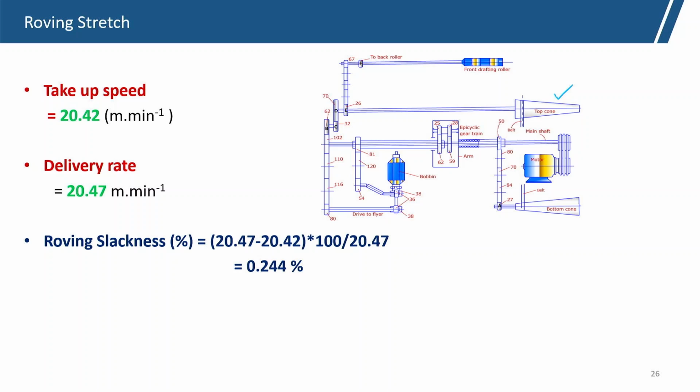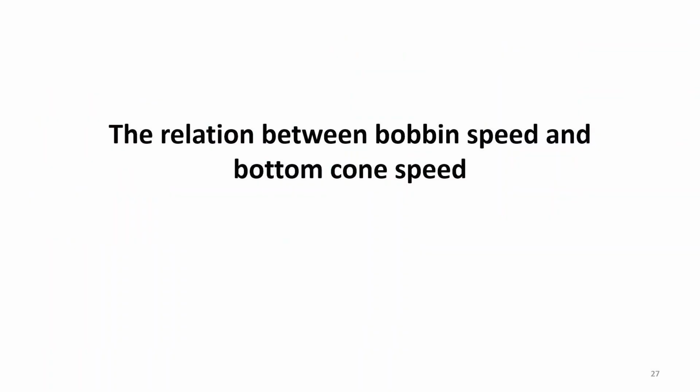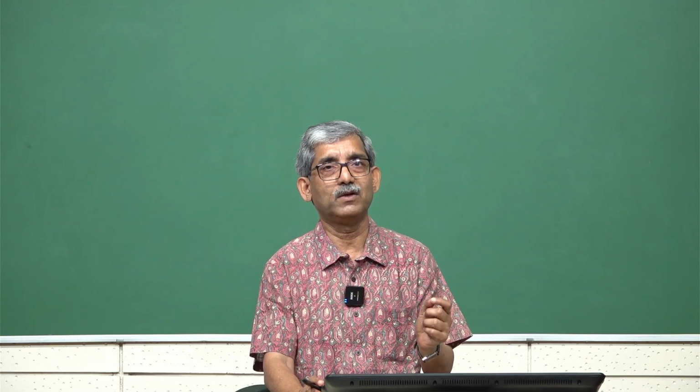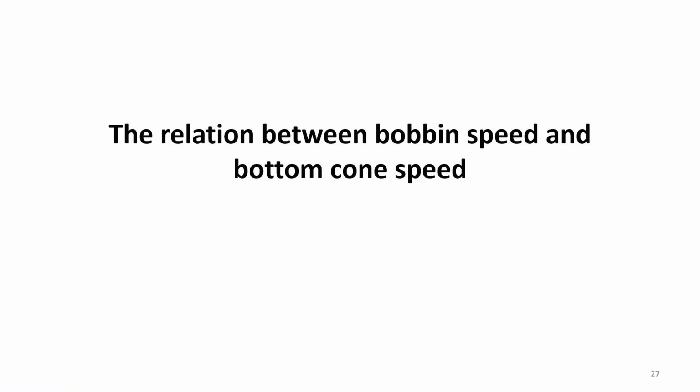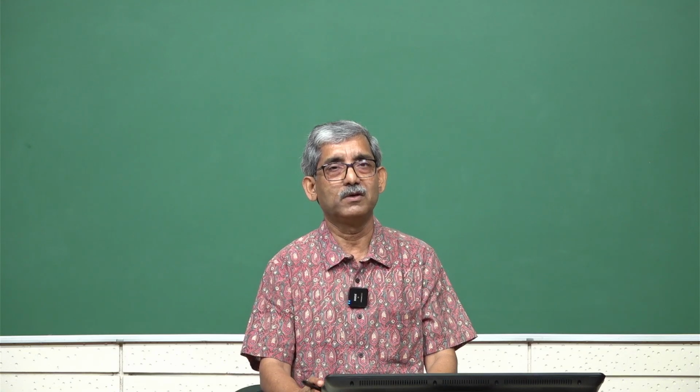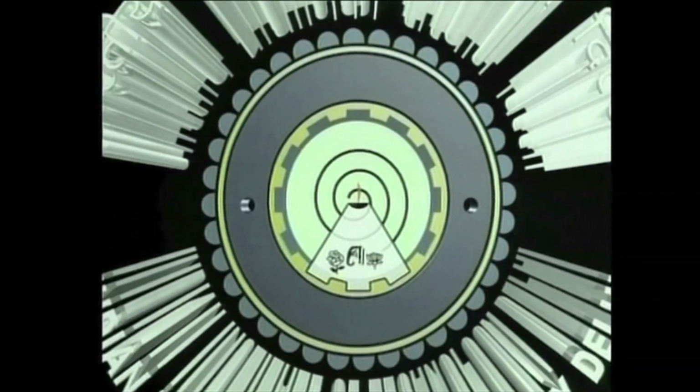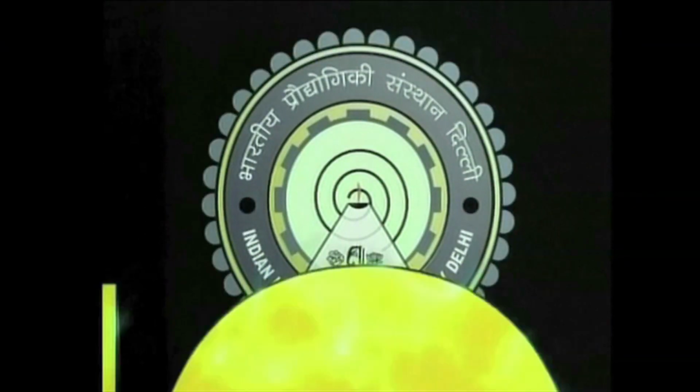Depending on the roving diameter, we can change the rate of shift. So, the relation between the bobbin speed and the bottom cone speed, that relationship we will discuss in the next session. Till then, thank you.